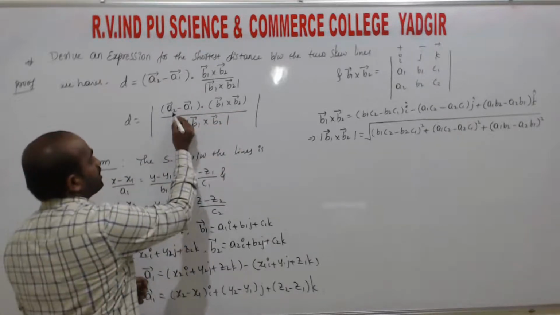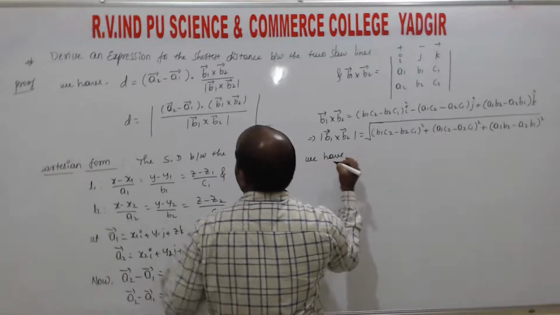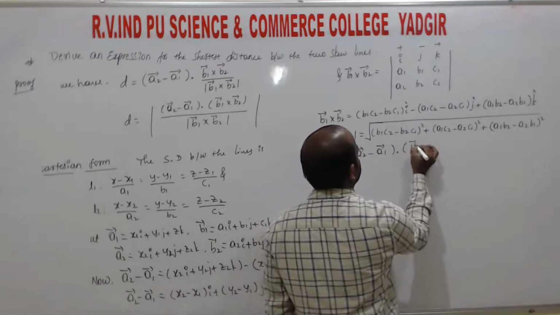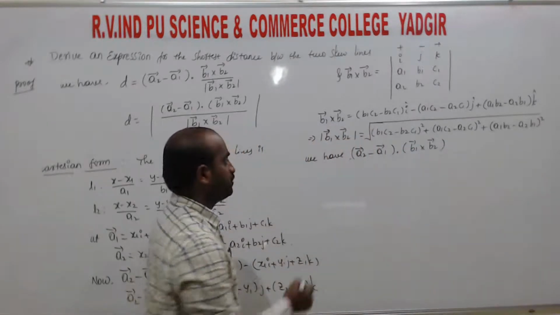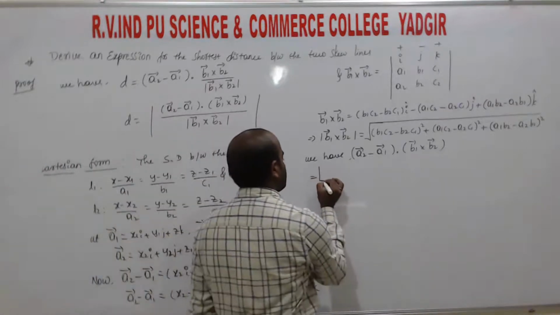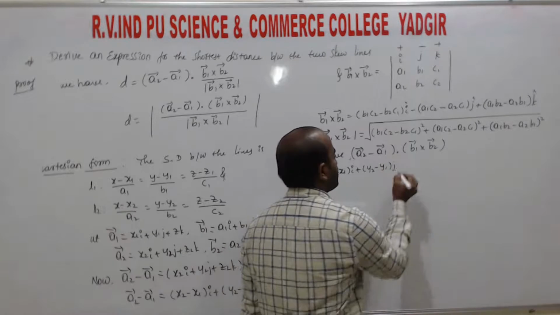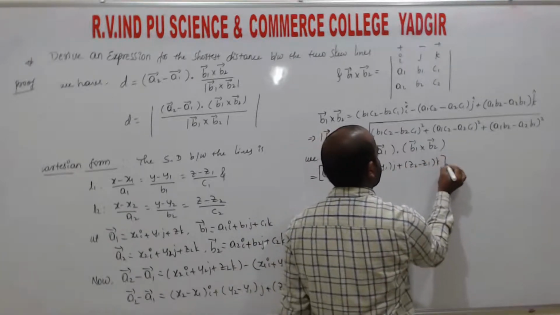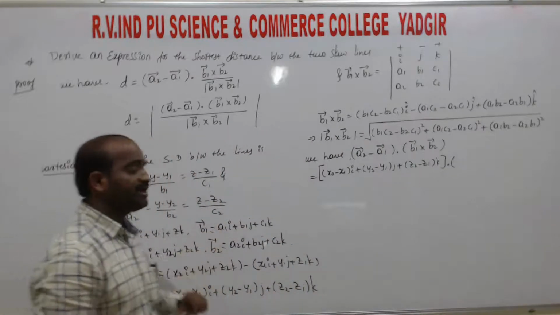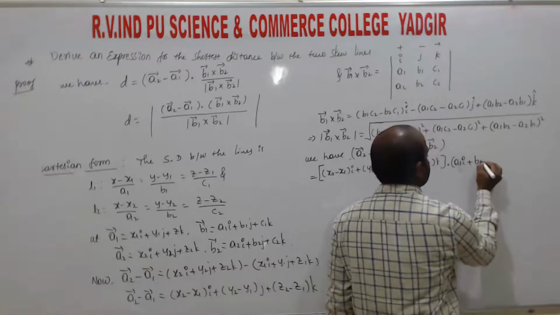We find all three: a2 minus a1, b1 cross b2, and the magnitude. a2 minus a1 is (x2 minus x1) i plus (y2 minus y1) j plus (z2 minus z1) k, dot b1 cross b2, where the b1 vector is a1 i plus b1 j plus c1 k.